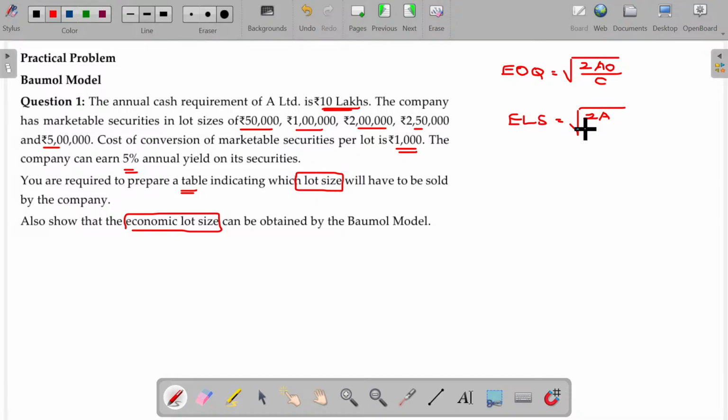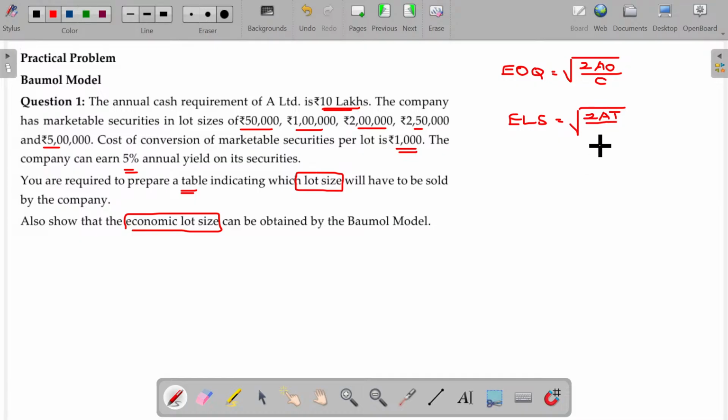So you can deposit the fixed deposits and you will get interest. Do I want to keep the entire 10 lakhs in FD or 1 lakh in FD? That's the lot size I'm going to consider here. So O is equal to the transaction cost. Transaction cost is nothing but issuing the FD, purchasing the FD and withdrawing the FD.